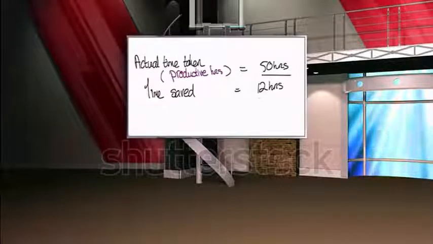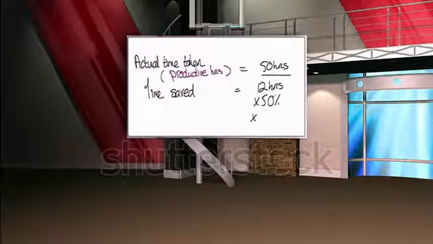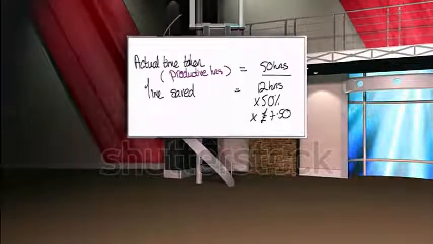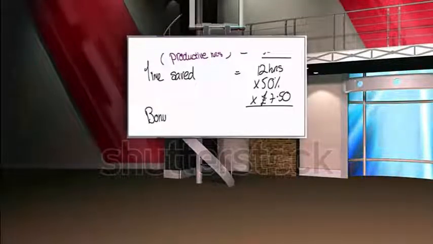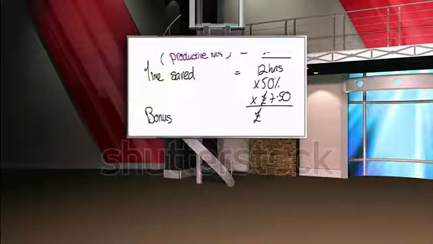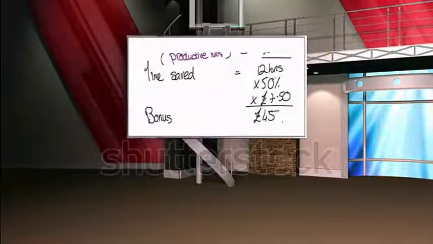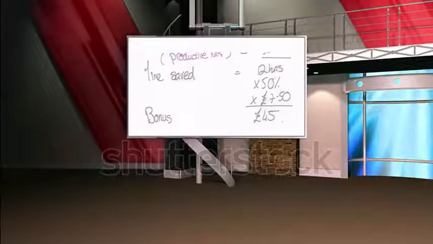So we just need to multiply our time saved by 50%, multiplied by the basic rate of £7.50, and that gives us her bonus. We work through, you should get £45. So that's the final piece of our calculations.